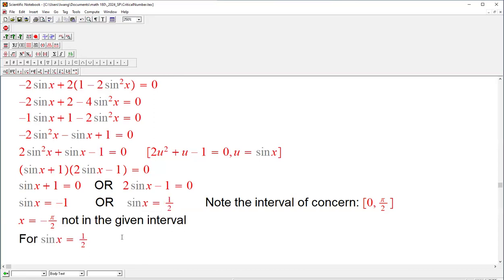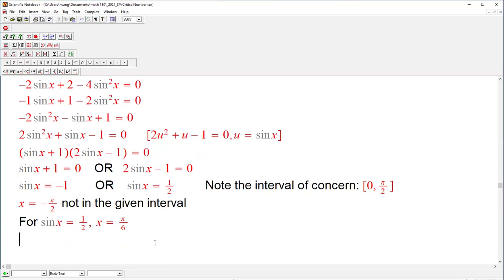For sine x equals 1/2, x will be equal to pi over 6. Another solution will be 5 pi over 6, but 5 pi over 6 is not in the interval, so we only have one critical number. We have just pi over 6. You can call it c if you want, or we can keep it as pi over 6.